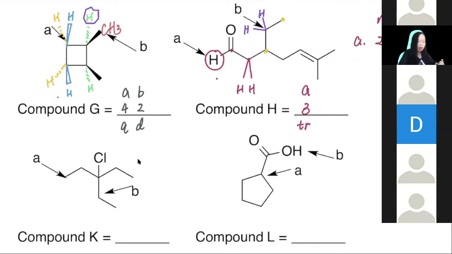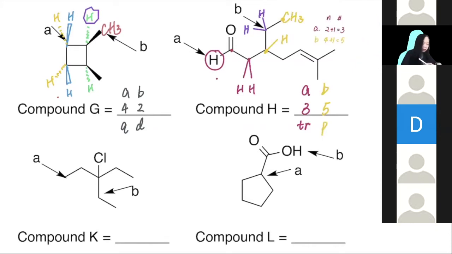So here is a hidden proton. Here is a CH3. So for proton B, I'm expecting to see 4 neighbors, right? According to the n plus 1 rule, there is going to be a total of 5 peaks. So we use the letter P or penta to describe 5 peaks.